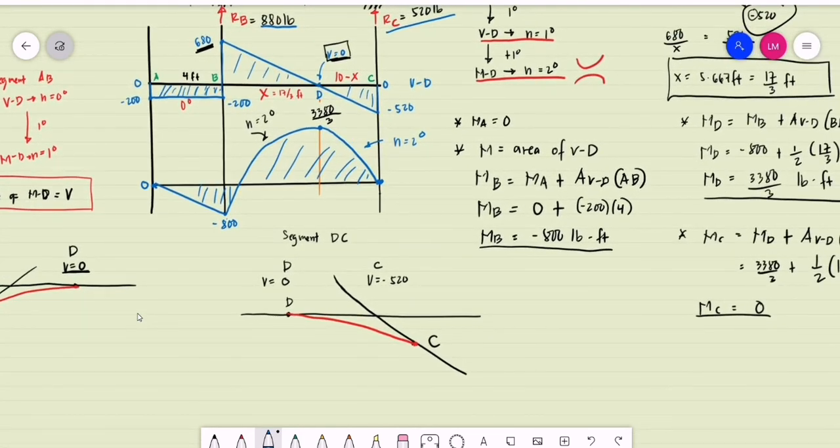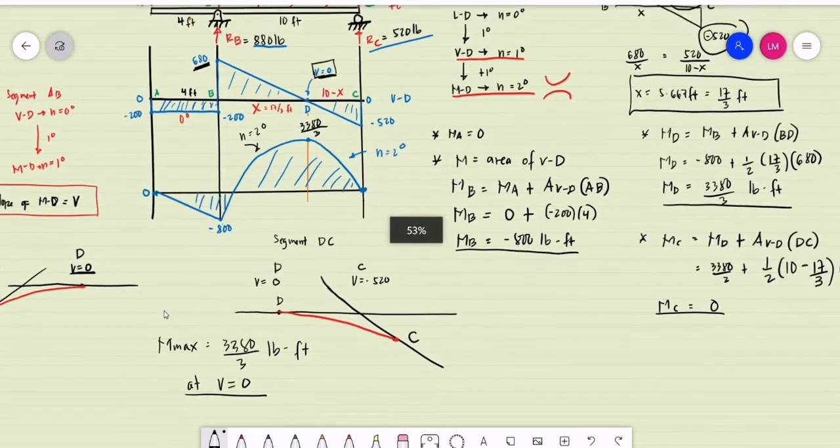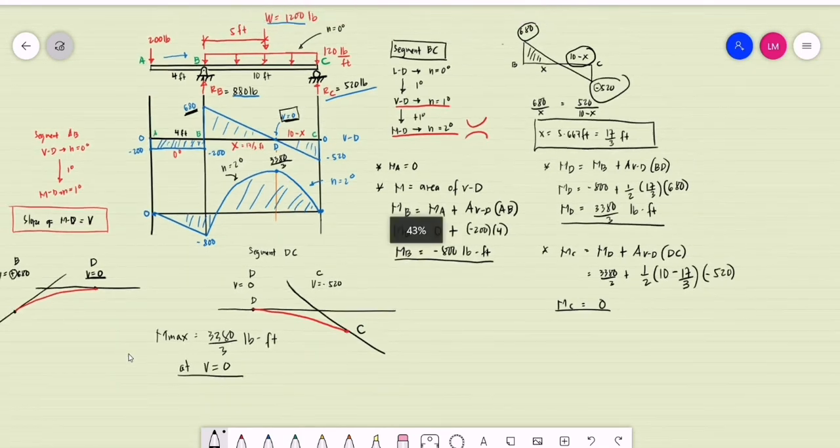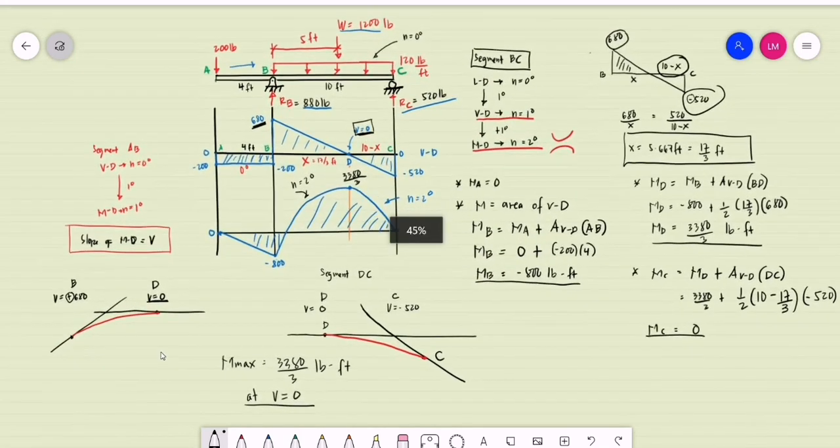In this case, our maximum moment, Mmax, is equal to 3,380 over 3 pounds-foot, and it is located at the point where shear is equal to 0. So this will be our solution and the shear diagram for this simple beam.